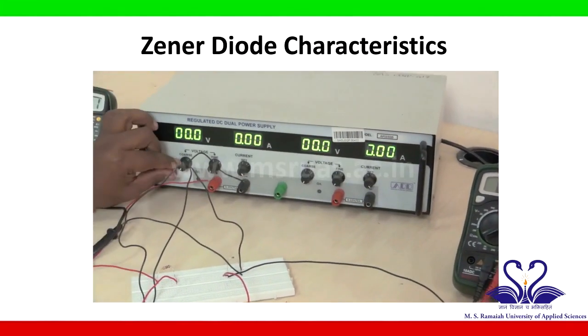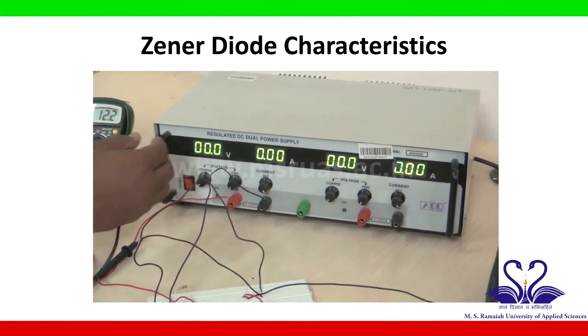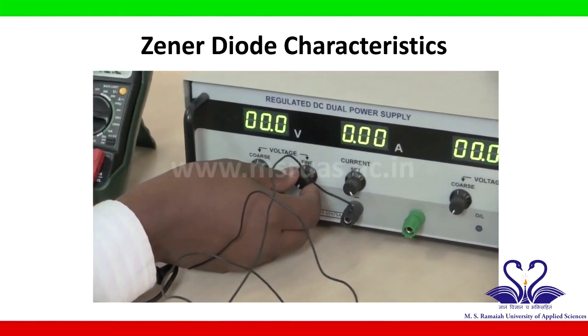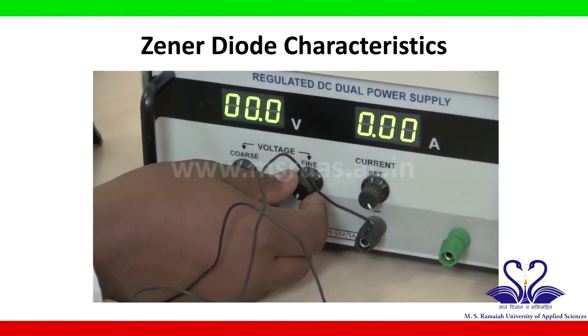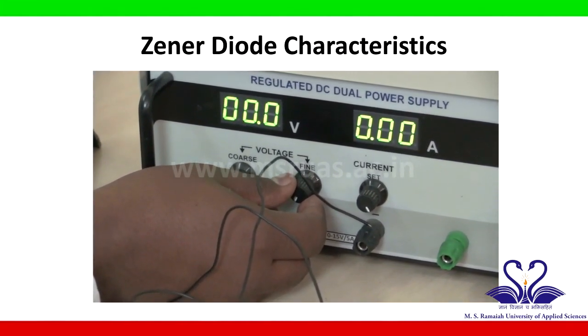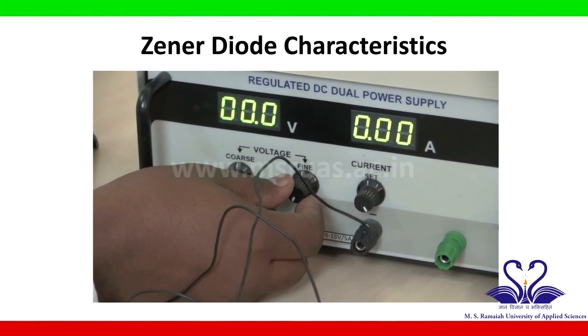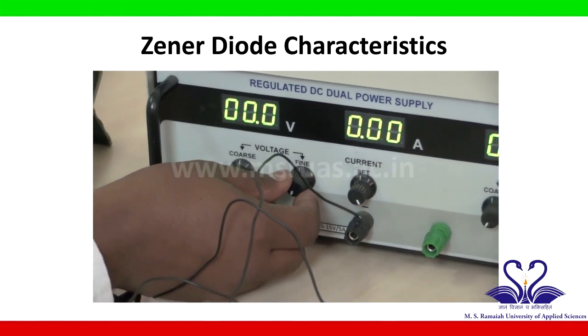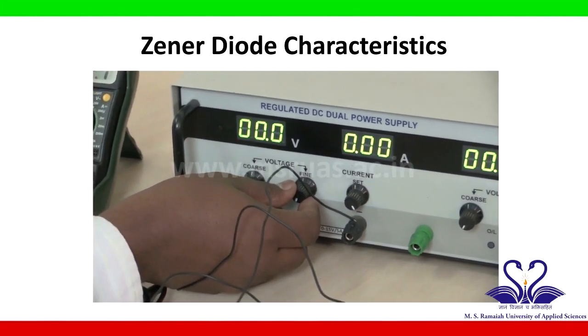Now I will vary the input voltage in steps of 0.1 volt up to 1 volt, and after 1 volt I will vary the input voltage in steps of 0.5 volt up to 6 volts, and I will note down the corresponding voltage and current readings from the voltmeter and ammeter respectively.